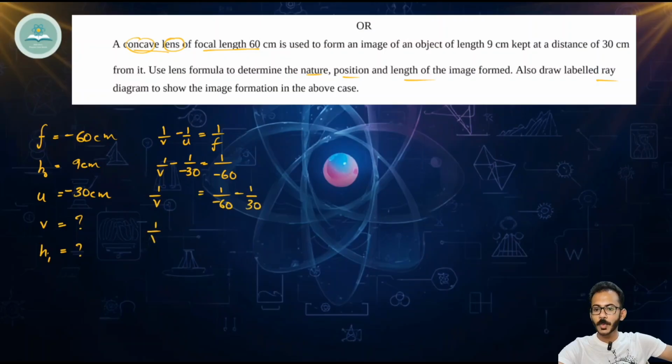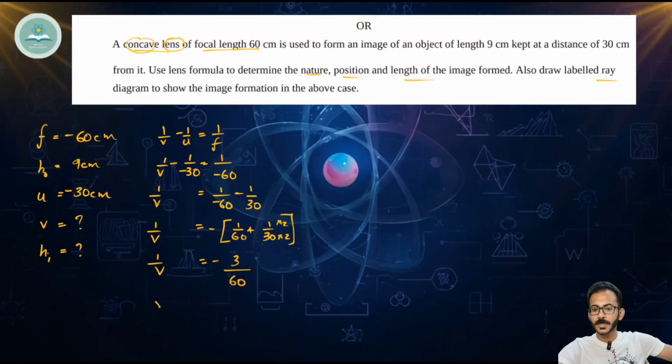Or I can write it like 1 by v is equal to minus of 1 by 60 plus 1 by 30. If I multiply here with 2, it becomes 60. So 1 by v is equal to minus of 1 plus 2, that is 3 by 60.